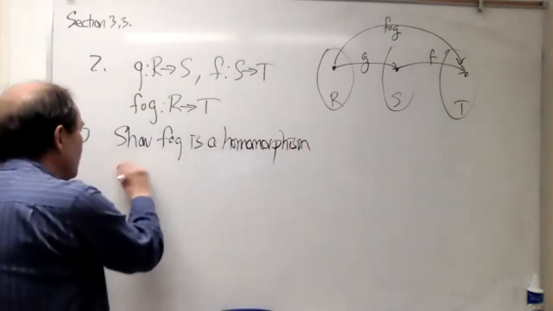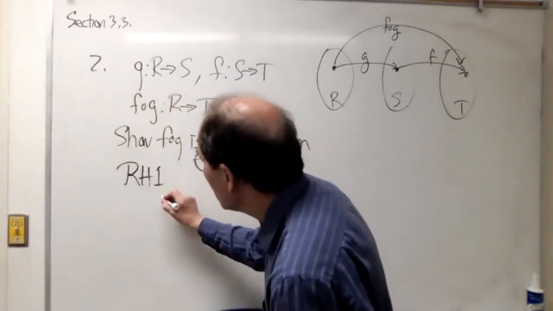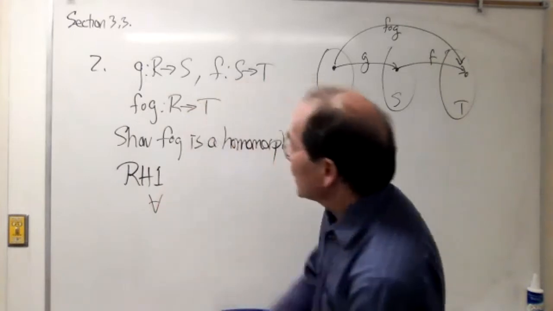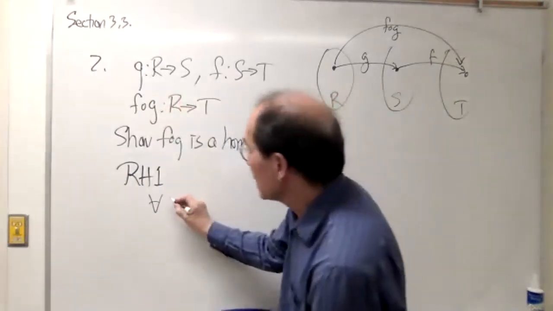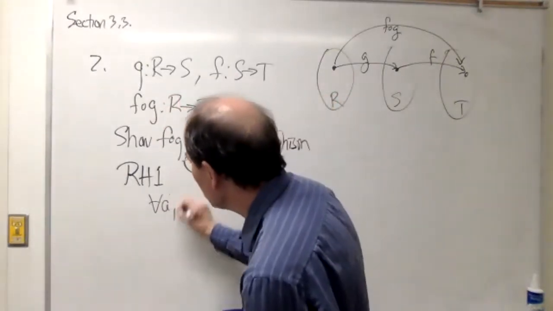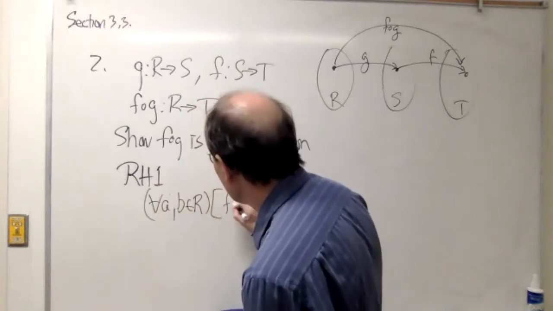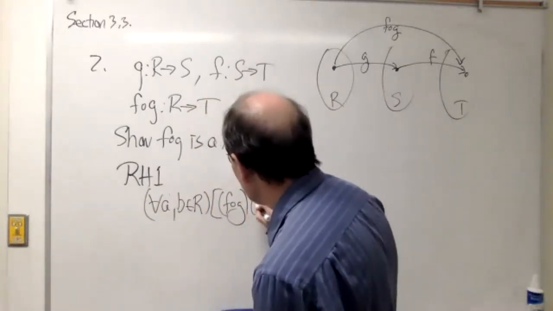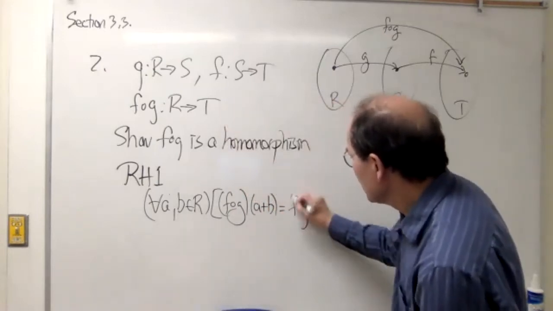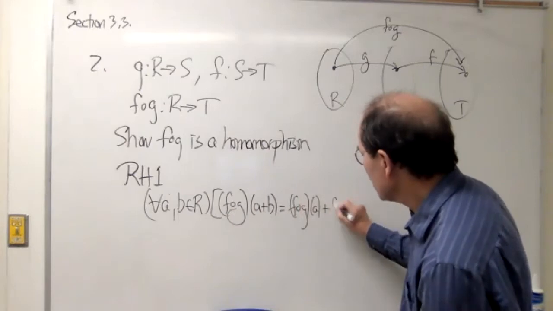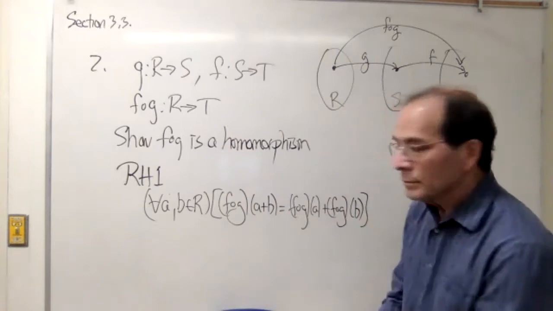And so for RH1, this is going to be for all, and now the domain for F composed with G is R, so this is going to be elements in R. So we can say A and B in R, and then F composed with G of A plus B has got to be equal to F composed with G of A plus F composed with G of B.